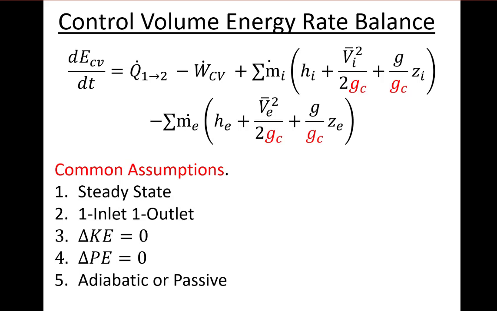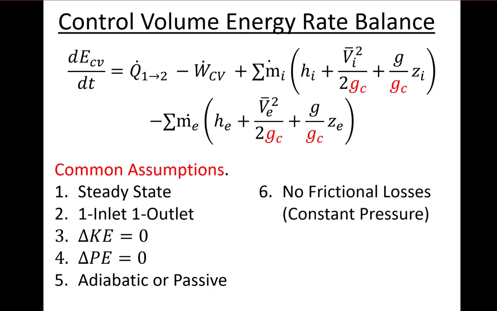It would be W dot is equal to Q dot plus m dot times h in minus h out. But you don't have to memorize all the different potential cases. I don't like memorizing things. I find that I'm not good at it. I want to understand how to get to a place. So that's why I always start with the base level of the equation and I think about my assumptions and then I'll get the right answer. Because sometimes turbine power is not just m dot times h in minus h out.